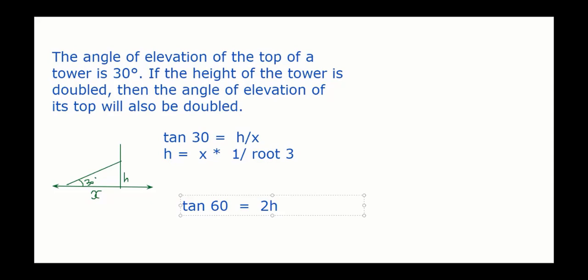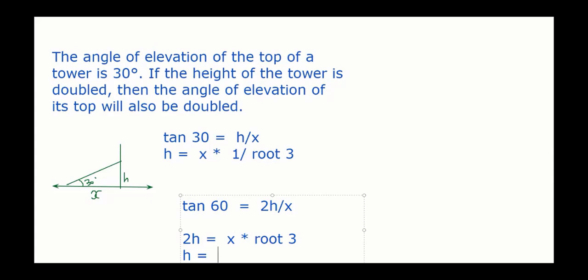Distance will remain same. Distance won't change. You should see the same position. So 2h equal to x into tan 60, root 3. Or h equal to x into root 3 by 2, which is wrong.